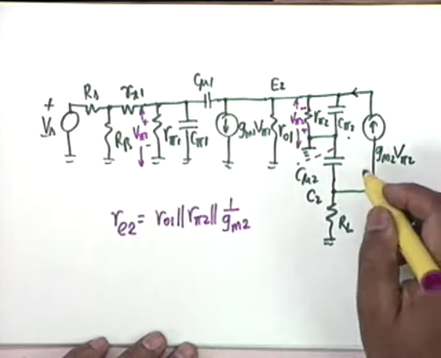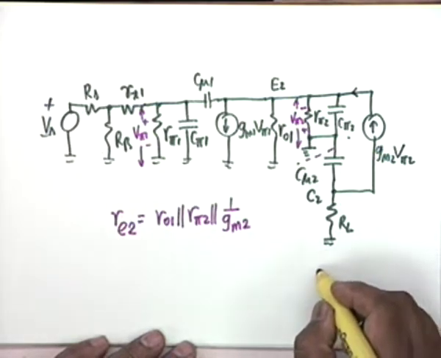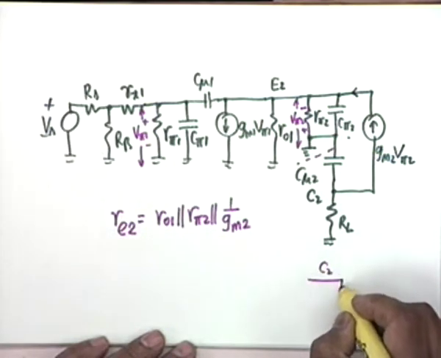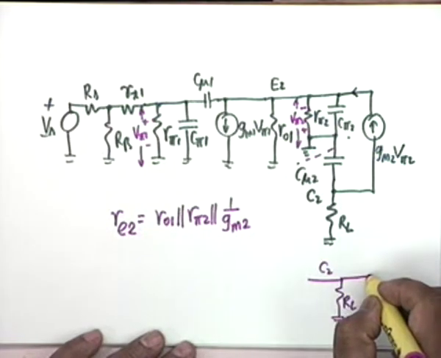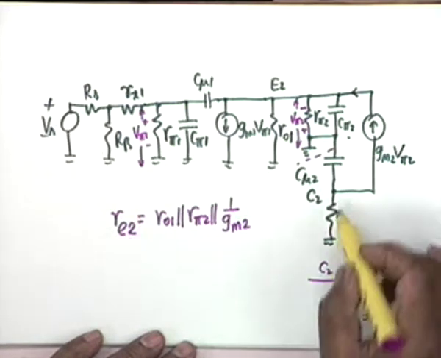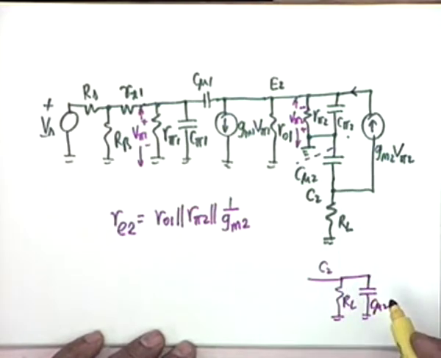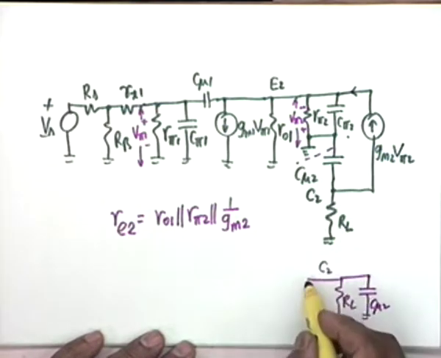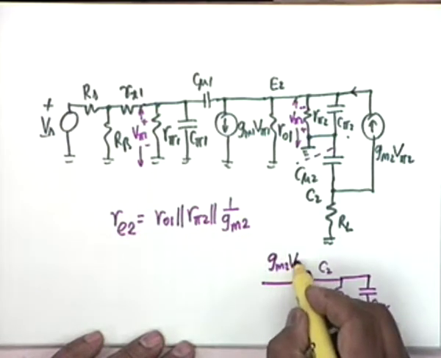And the other simplification is that under that condition the collector circuit C2 simply becomes RL, then C mu 2 connected to ground. At this point we are considering C mu 2 to ground, RL to ground, and then from the collector goes out a current of GM2 V pi 2.